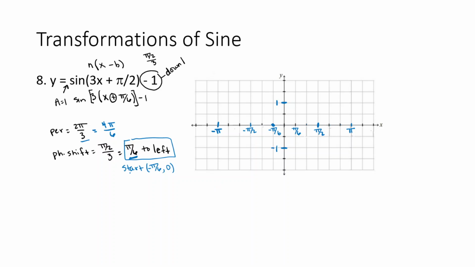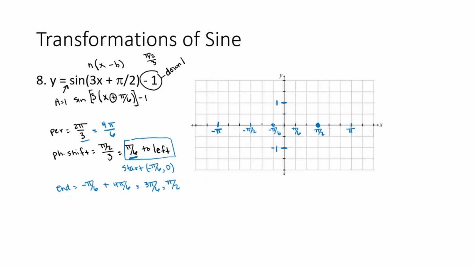Okay. Then I'm going to find my end. And the end is always the phase shift, which is -pi 6, plus my period. And we use that common denominator. So that gets me 3 pi 6, which is a half. So my end is here.